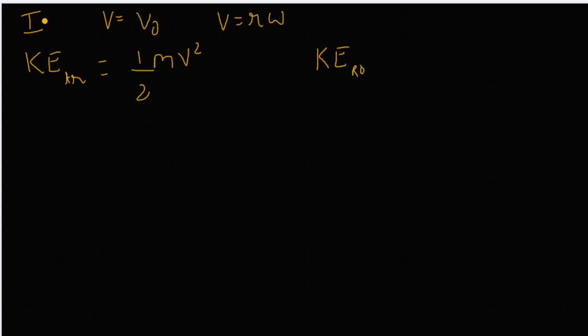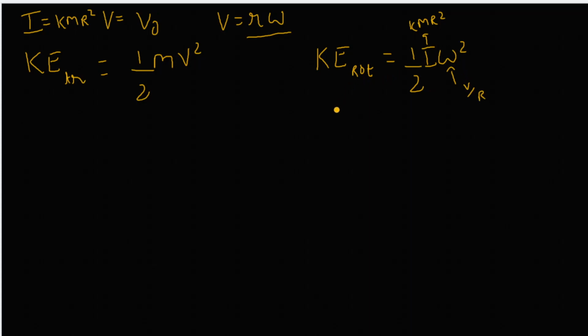For simplicity, let us assume I to be kmr square, just like this. KE rotational is going to be 1 by 2 I omega square, but we know that we took I as kmr square, and we know that in pure rolling v is equal to r omega. So omega is going to be v by r.